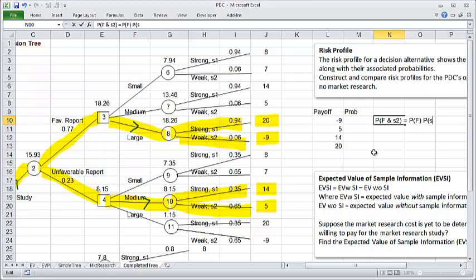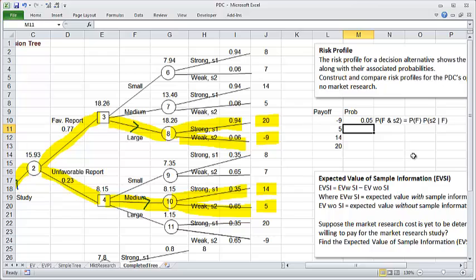So that is S2 given a favorable report. Now these probabilities are 0.77 and 0.06. So we just multiply these together: 0.77 times 0.06. That gives us 0.05, a 5% chance of losing $9 million.